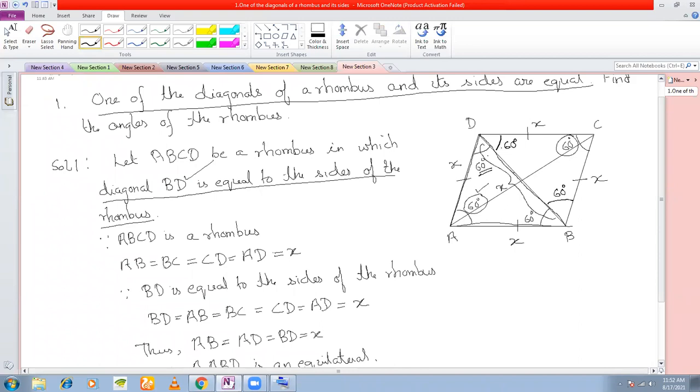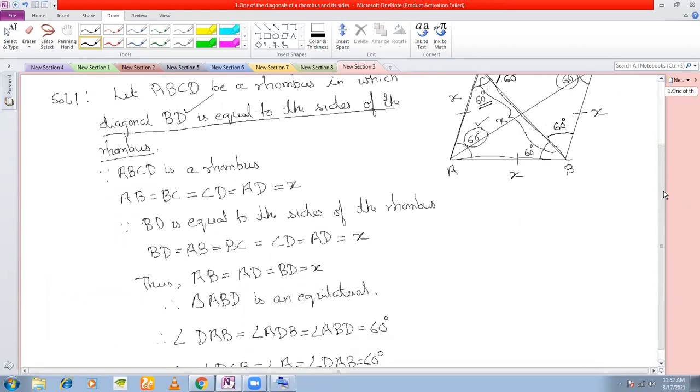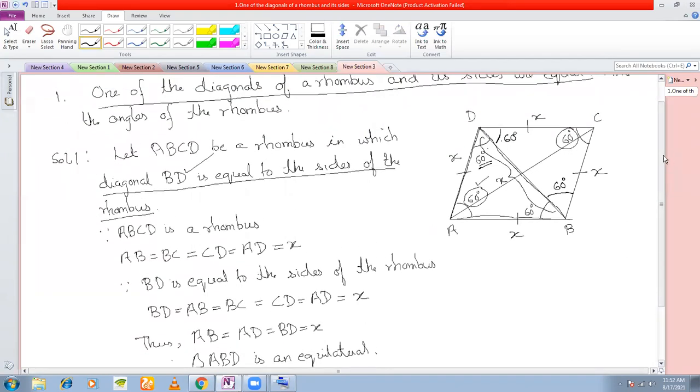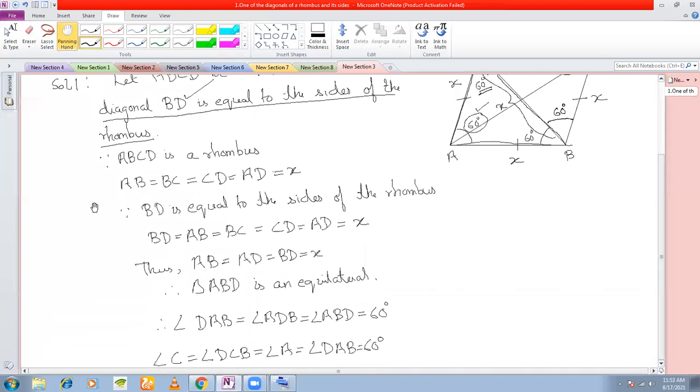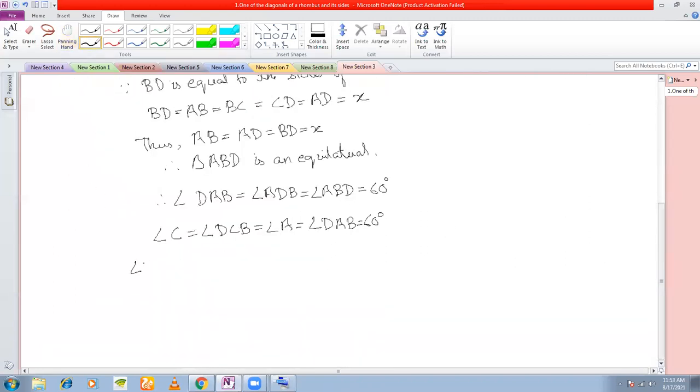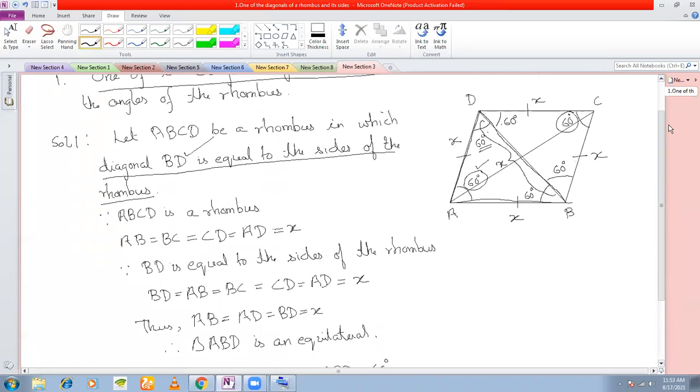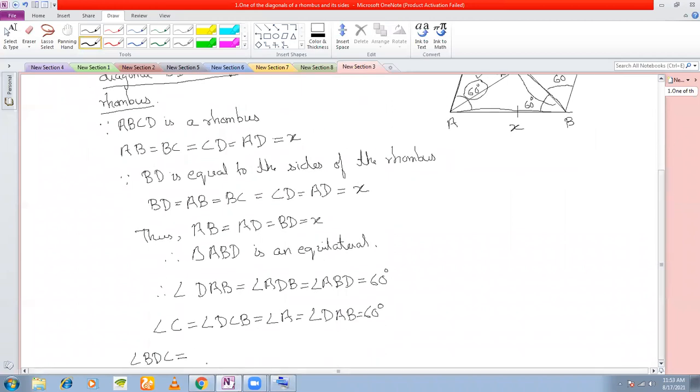We can consider this also because of alternate angles. You can do that also. So let's write angle BDC is equal to angle ADB is equal to 60 degree.